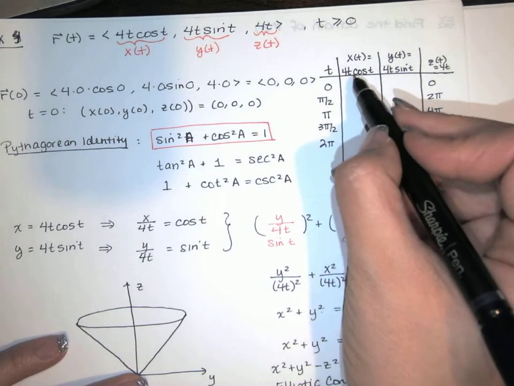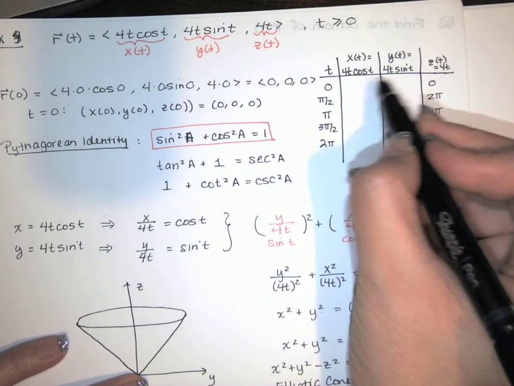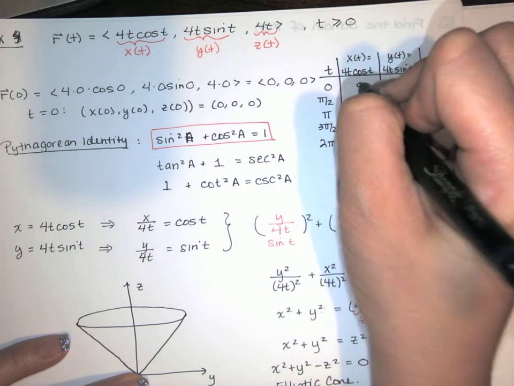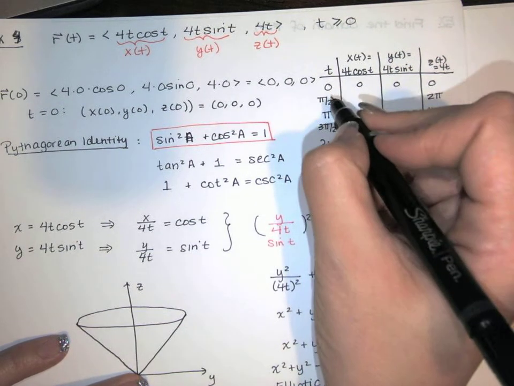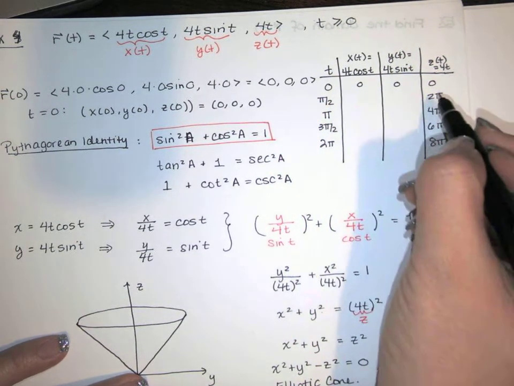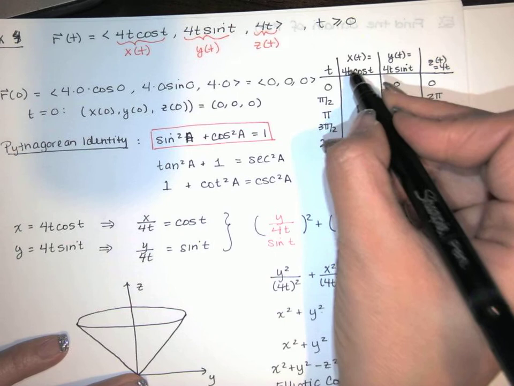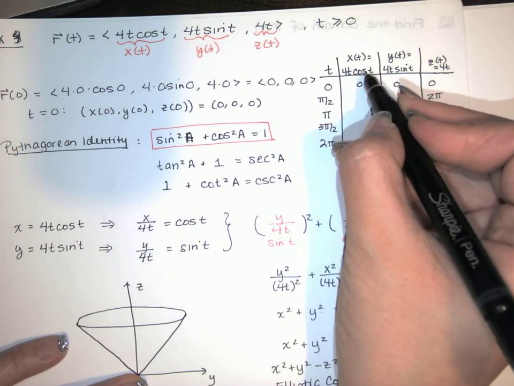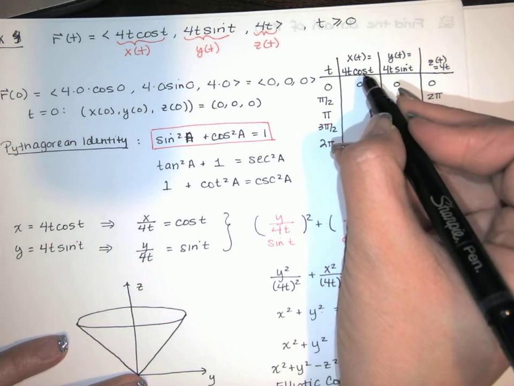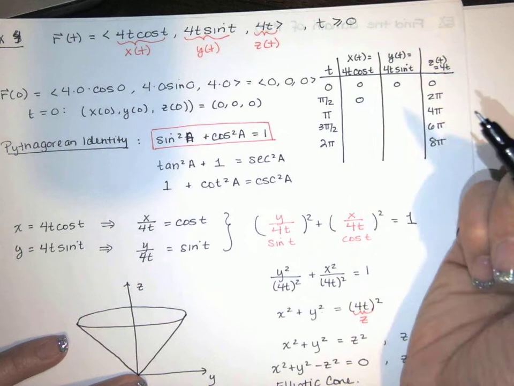Meanwhile, when t is 0, this is 0, and this is 0, so we are at the origin. And when t equals pi over 2, out front I've got a 2 pi, and then I have cosine of pi over 2 here. Remember, cosine of pi over 2 is 0.